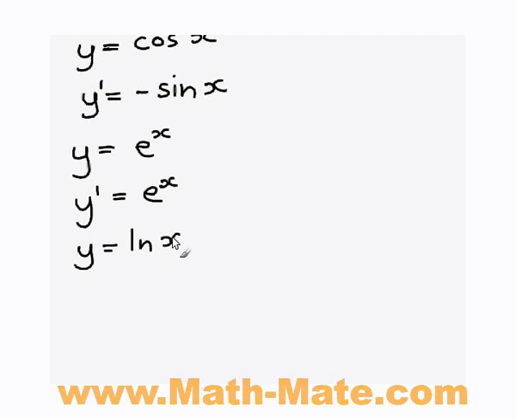If we have y equals the natural logarithm of x, which is ln of x, then the derivative of this is 1 on x, but only for values of x which are larger than 0. Because think about it, if you put 0 into this derivative, you'd get 1 on x, 1 on 0. 1 on 0 is undefined. So it's only valid for values of x larger than 0.